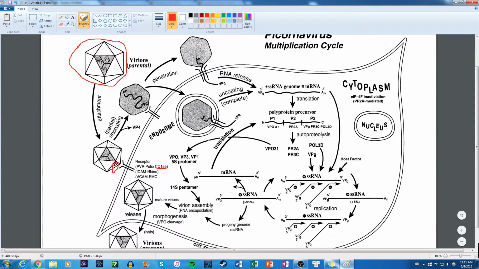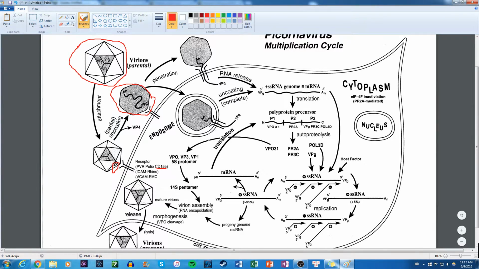So then when it attaches, you have the partial uncoating. Partial uncoating means that it loses the capsid on the outside, but there's still a sort of inner capsid, like a nucleocapsid, that's left over, and you can see that right here.